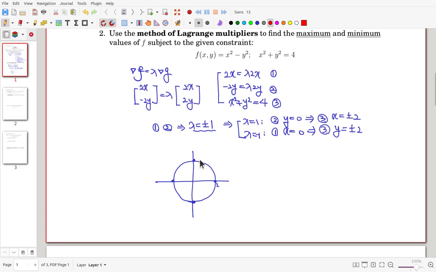Here x is 0, y is 2, and the f value must be minus 4. Again, here the same, f must be minus 4. Over there, y equals 0, x is 2 or minus 2, and f will be 4. Here again, f will be 4. These are extreme values, so the minimum is minus 4, and the maximum is 4. Quite simple, right?